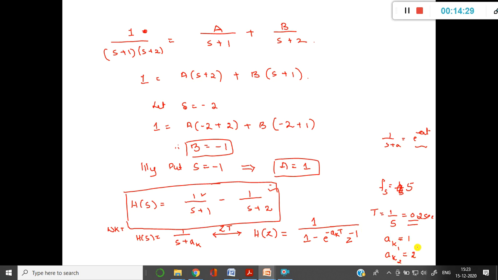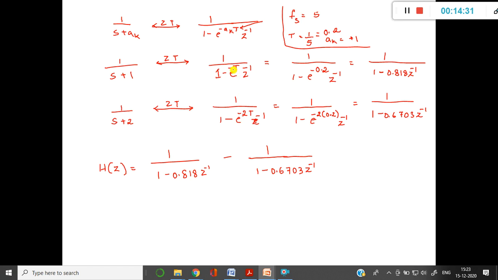For that I will be substituting here. Here a to the power k is 1 and here in this case a to the power k is 2. Then it is going to be e to the power of minus 0.2. Put this value in the calculator, we are going to get 0.818. Similarly, e to the power of minus 2 into 0.2 gives me e to the power of minus 0.4, and when I put it in the calculator I am going to get 0.6703.